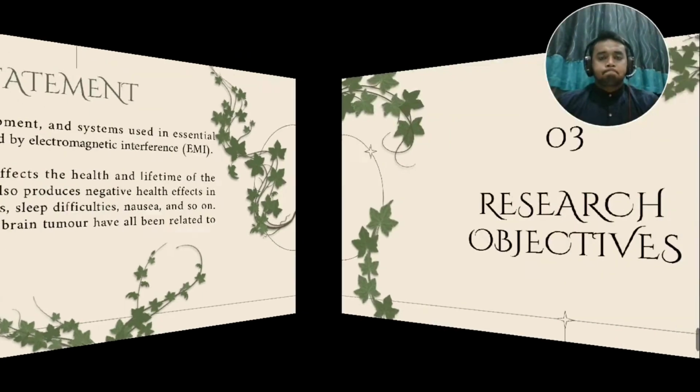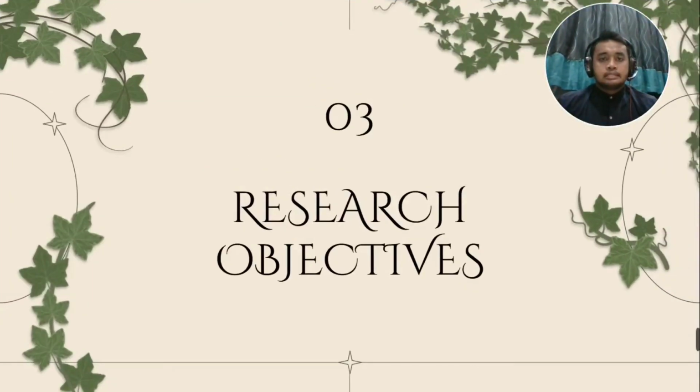And then we go to the research objectives. The research objective is the most important part of our FYP, which consists of all our method and methodology, what we want to do in our final year's project.